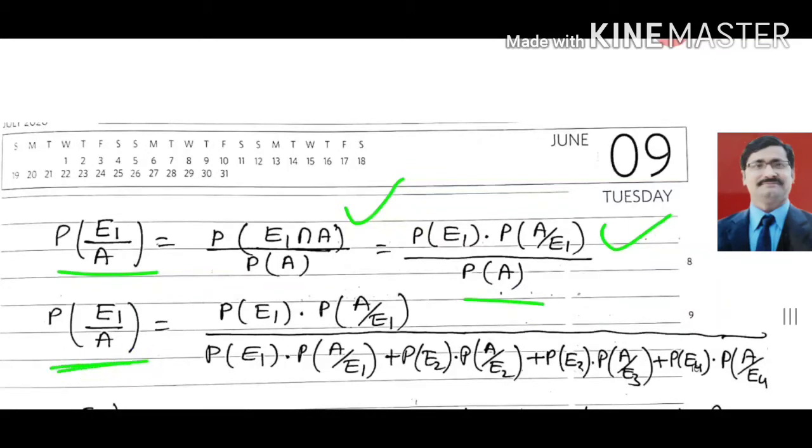So the probability of E1 by A will be P(E1) dot P(A/E1) upon P(E1) dot P(A/E1) plus P(E2) dot P(A/E2) plus P(E3) dot P(A/E3) plus P(E4) dot P(A/E4). This is how we can find P(E1/A).